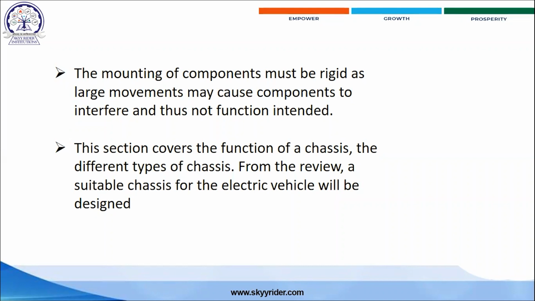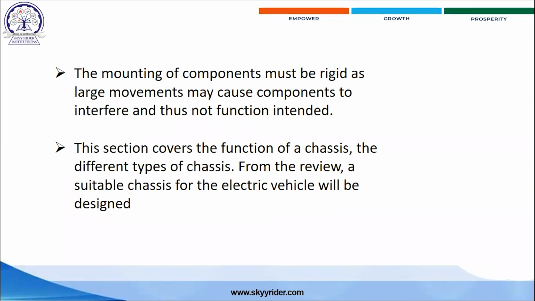Now the next point says that this section covers the function of a chassis and the different types of chassis. From the review, a suitable chassis for the electric vehicle will be designed. For these kinds of functions, we have to create different types of chassis.